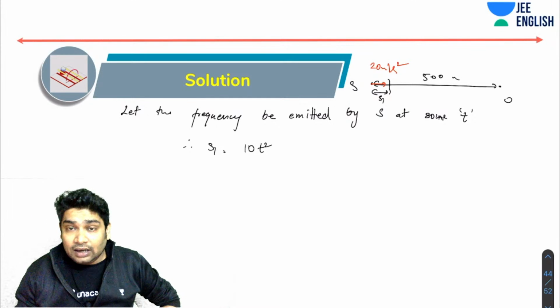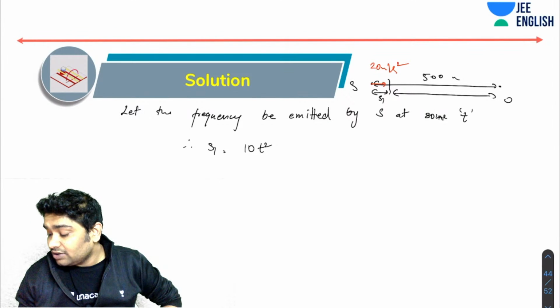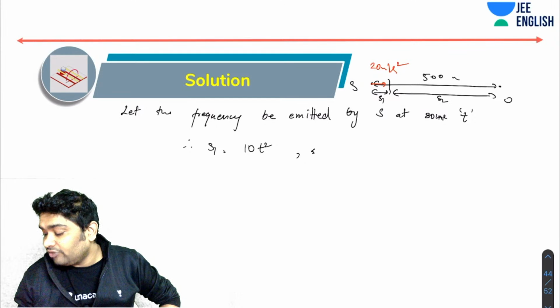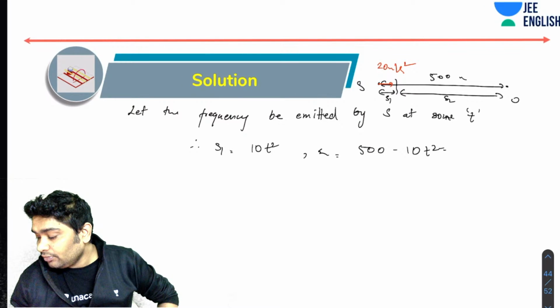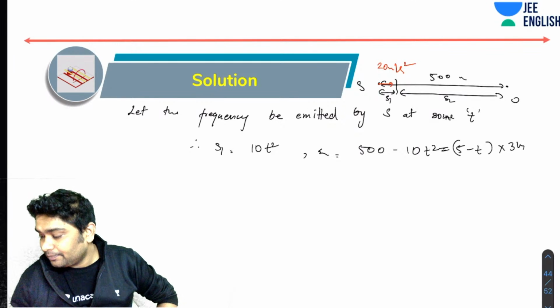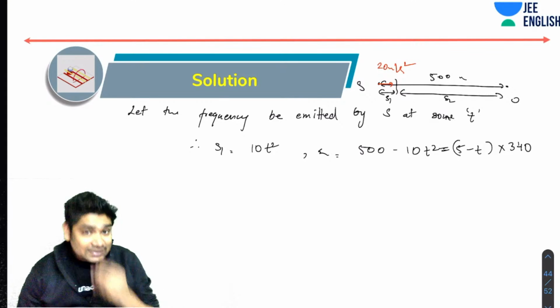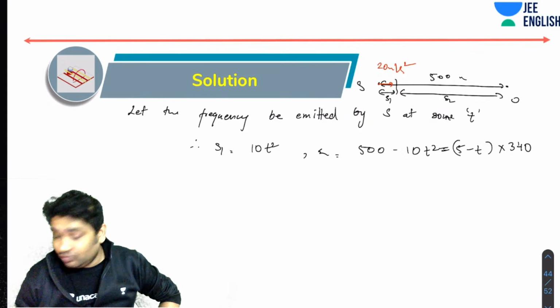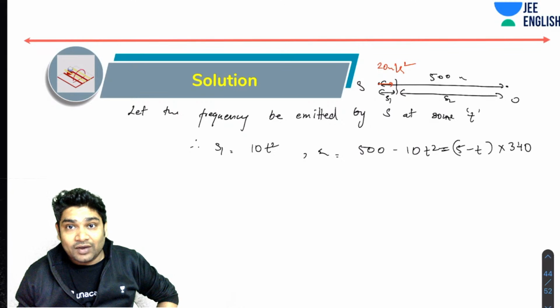Now, the rest of the distance that the wave must have traveled, let's call that S2. S2 would have been equal to 500 minus 10 t square, and that should be equal to (5 minus t) into the speed of sound, because that is the time that the wave got to travel, right? So from this quadratic, we can find out the actual value of t, the time where the frequency was emitted. Okay, so that is one way of solving this.